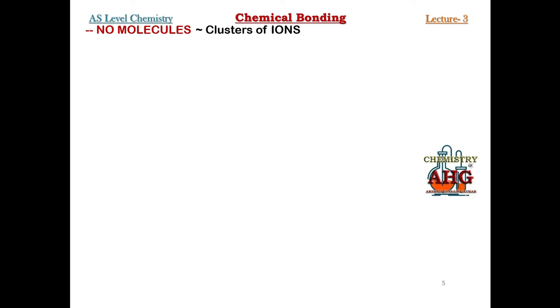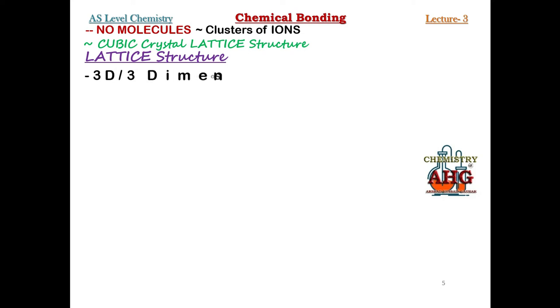What name do we give to this cluster of ions of an ionic compound? You must remember this combination is given the name of cubic crystal lattice structure. So ionic compounds have a giant or crystal lattice structure. And you must remember what a lattice is. Lattice structure is the name given to a 3D, three-dimensional arrangement of atoms, ions or molecules.